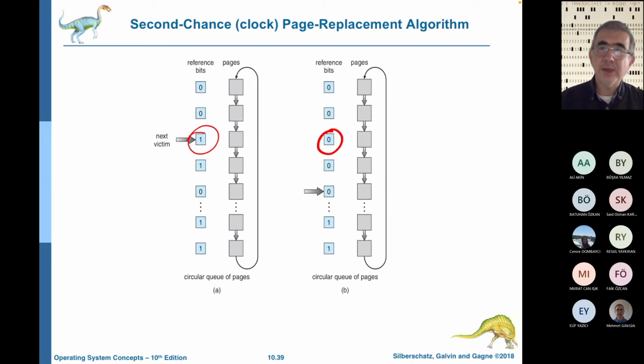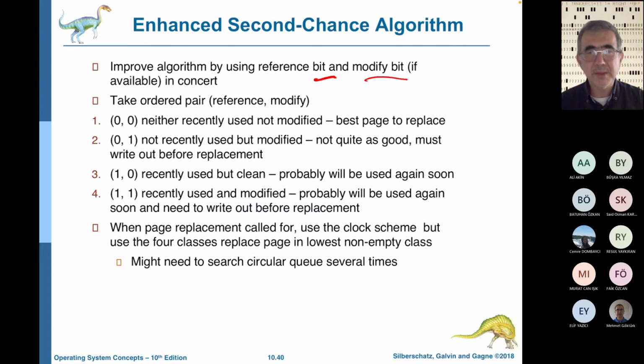That can also be enhanced with multiple reference bits and a modify bit. This is what I have been saying. If there is a reference bit, it is being used, and also there is a clock together. Recently used, clean, probably will be used again soon.